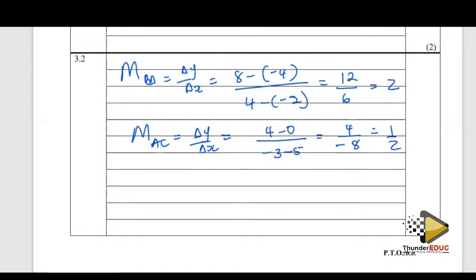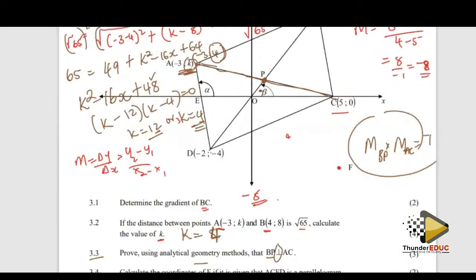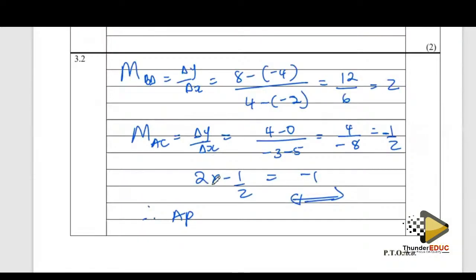So that's a positive, and then we end up with a negative. Yeah. Then if we get 2 times -1/2, that gives us -1. Then we can draw the conclusion that therefore BP is perpendicular to AC.